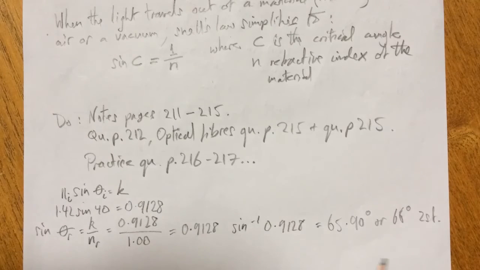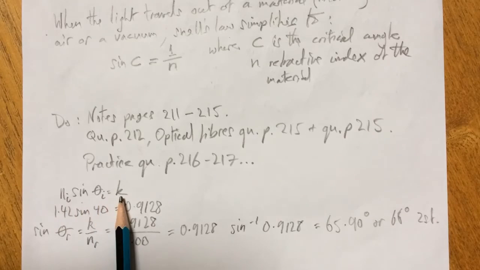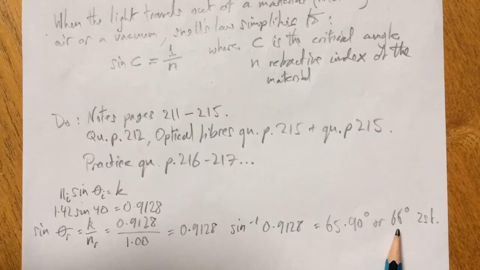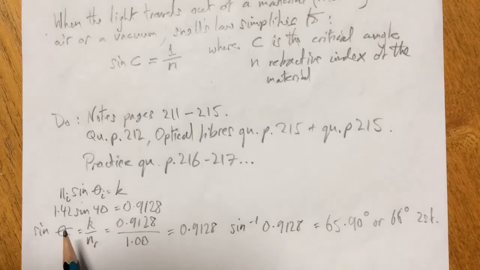All right. And down at the bottom here, here's the answer to the question above. This time I used n sine theta equals k, work out k, use k for the second case, and then work out your angle, which was 66 degrees. Is that the angle of incidence?